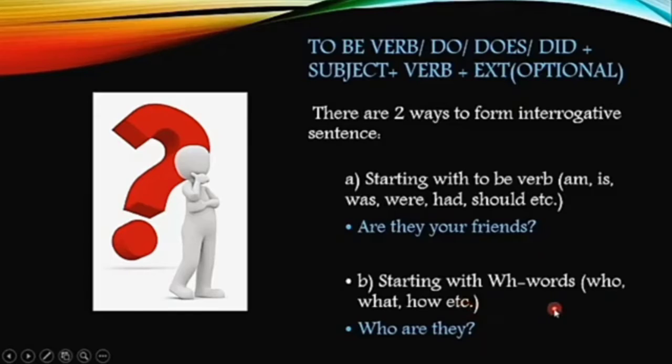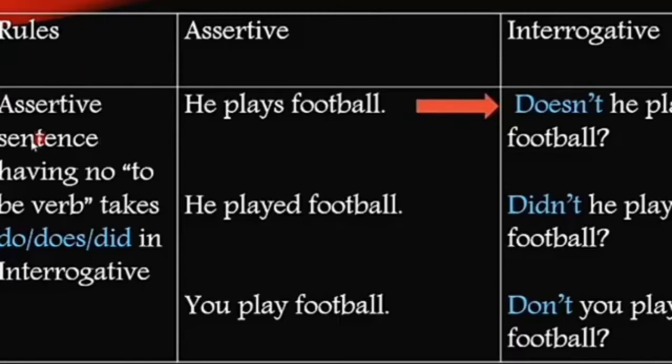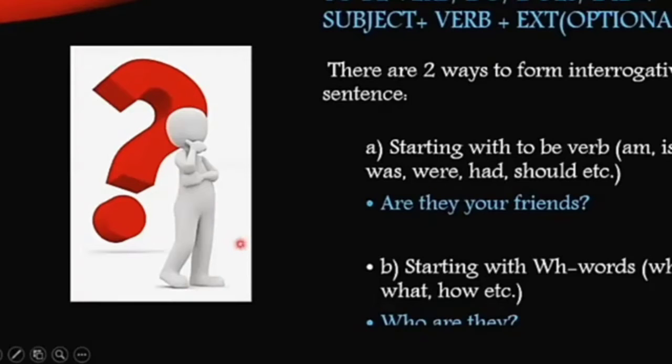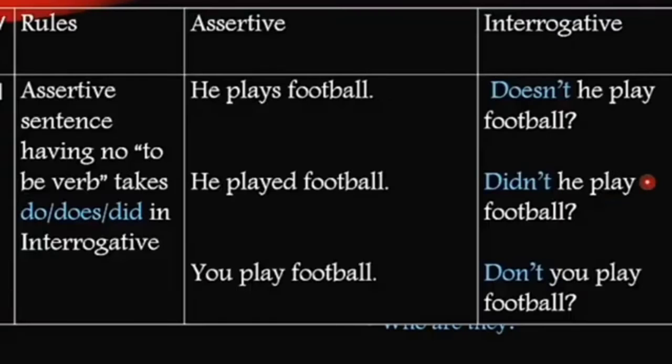Or how are you? The first rule says, an assertive sentence having no to be verb takes do, does, or did in an interrogative sentence. My dear students, if you remember, earlier I told you that the to be verb comes first at the beginning of the sentence when we change it into interrogative. But what will happen if the sentence doesn't have an auxiliary verb? What should come at the beginning?